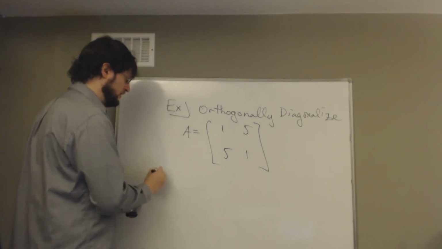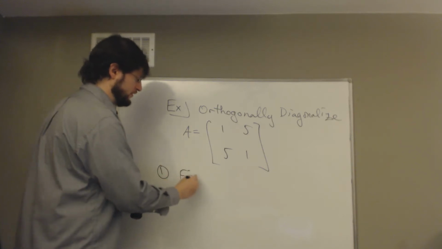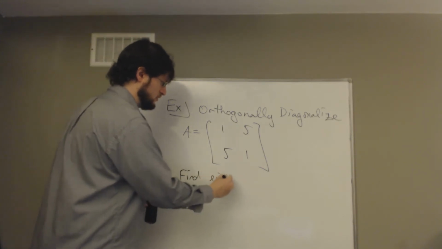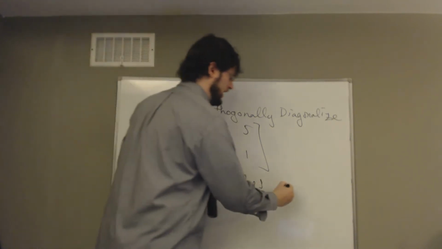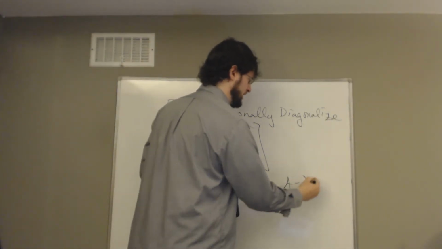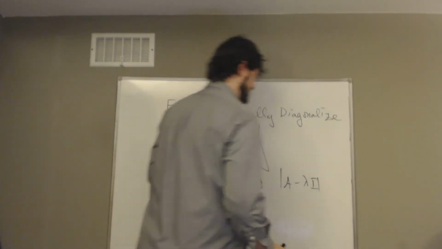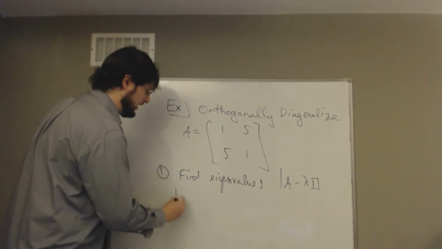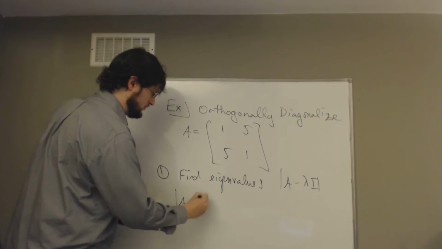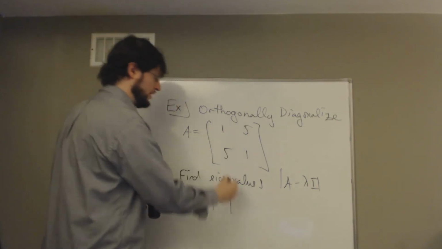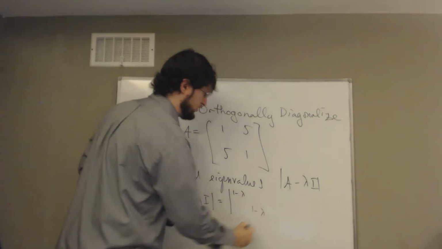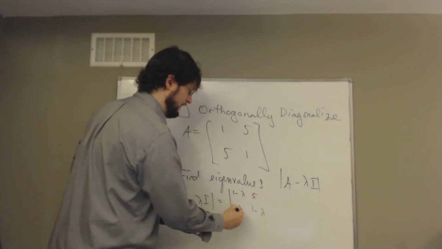So step 1, let's find eigenvalues. We'll do that by looking at A minus lambda I and taking the determinant, as before. So A minus lambda I is 1 minus lambda on the diagonal, 5, 5.